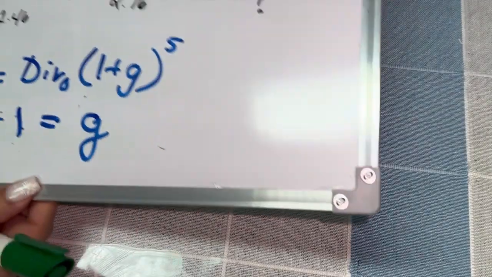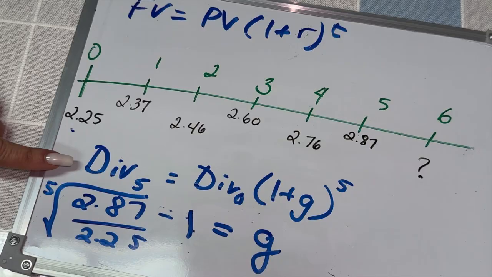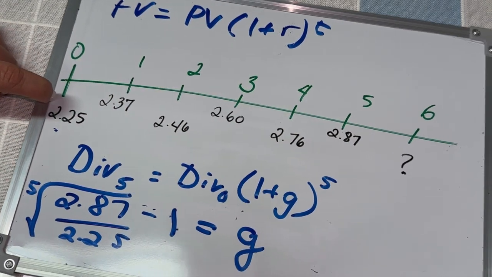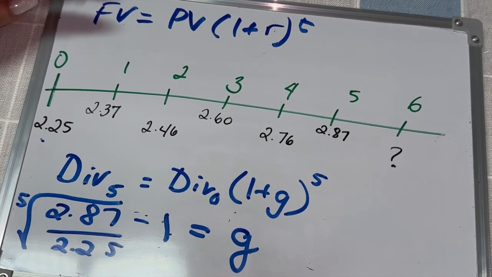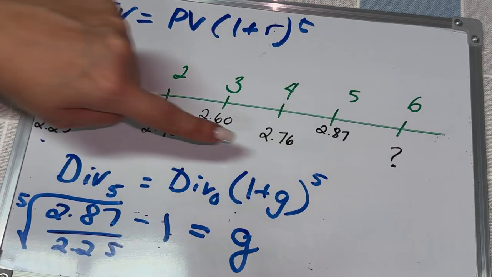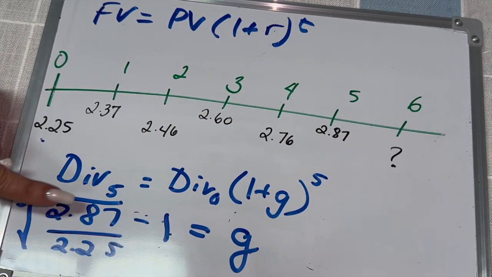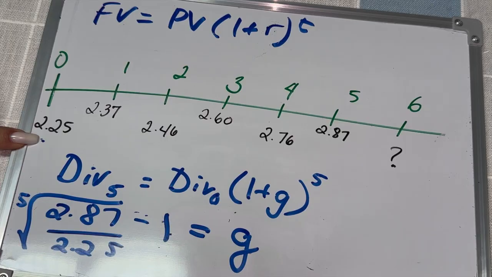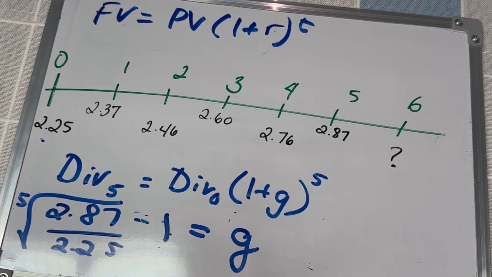I do this calculation whereby I see the number of years, put it on a timeline, and put the oldest at time 0, okay, and see what are the number of years that you need to discount by over here. This would be the root of the last dividend divided by the first dividend minus 1. That will equal your growth rate. Okay?